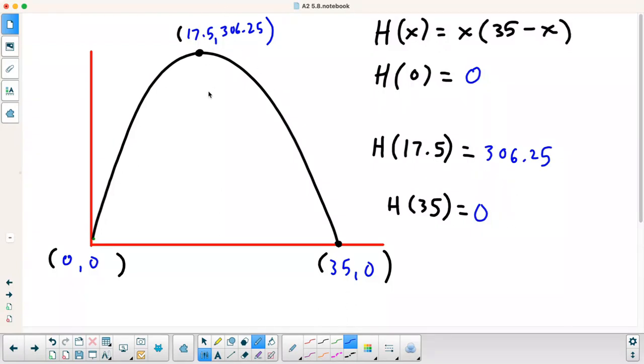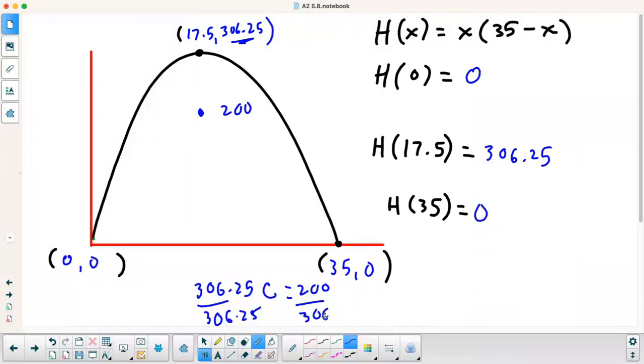Now, if I wanted to move this up or down, like say I want to scale this down here to, I don't know, let's say 200, we would take this y coordinate, we'd say, okay, 306.25. What constant do we multiply everything by to get it down to 200? And then I could just divide by 306.25.